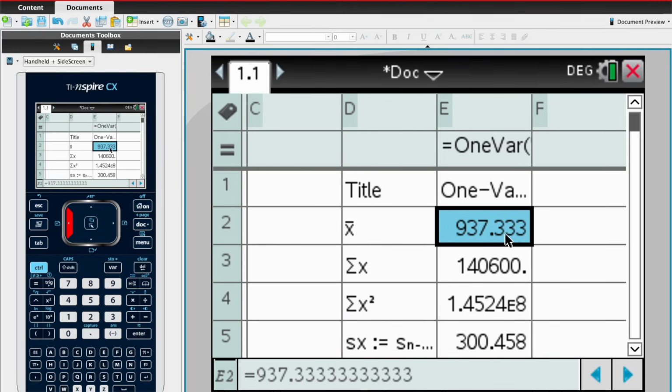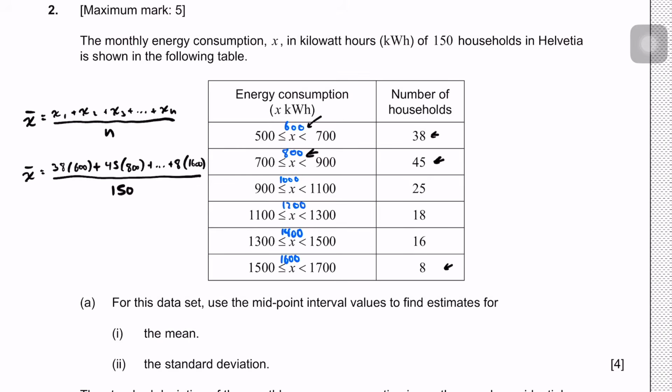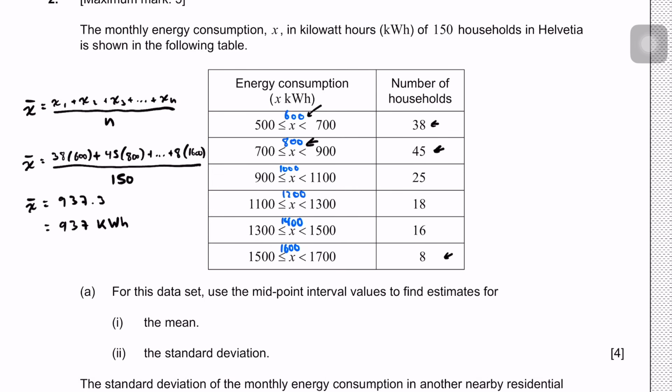So let's go back to the document here and write that out. x bar is equal to 937.3, or to 3 sig figs, 937 kilowatt hours.